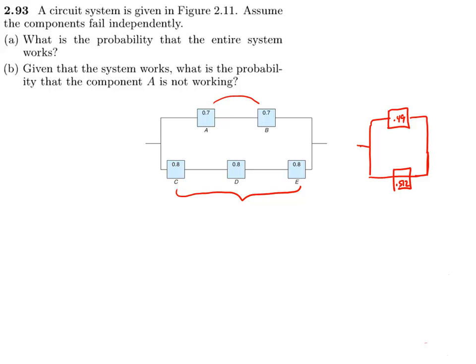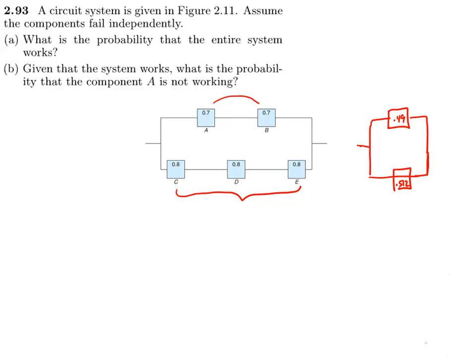I think the question is about the entire system working. There are two ways in which this system can work. One way is by having these components all working, and the other way is by having these components working. So you have two cases, and you need to consider both.